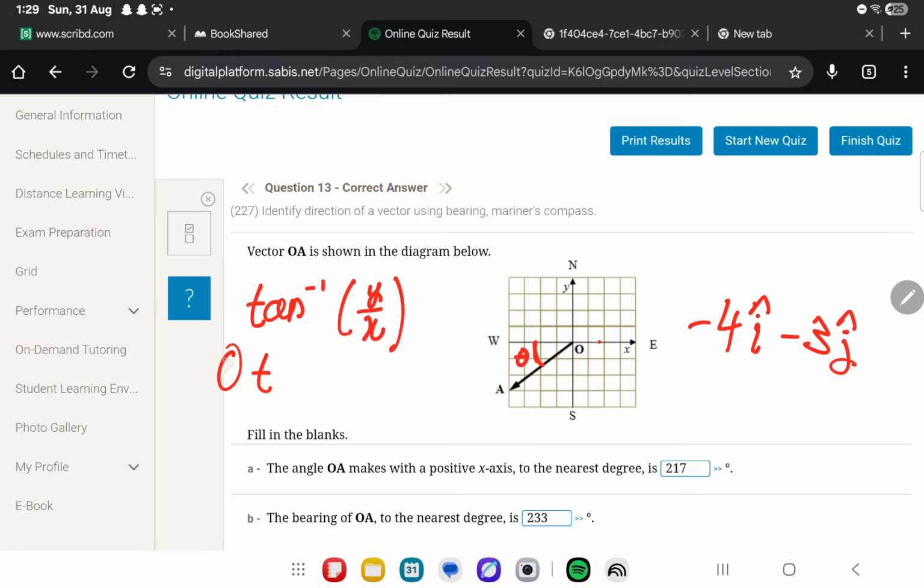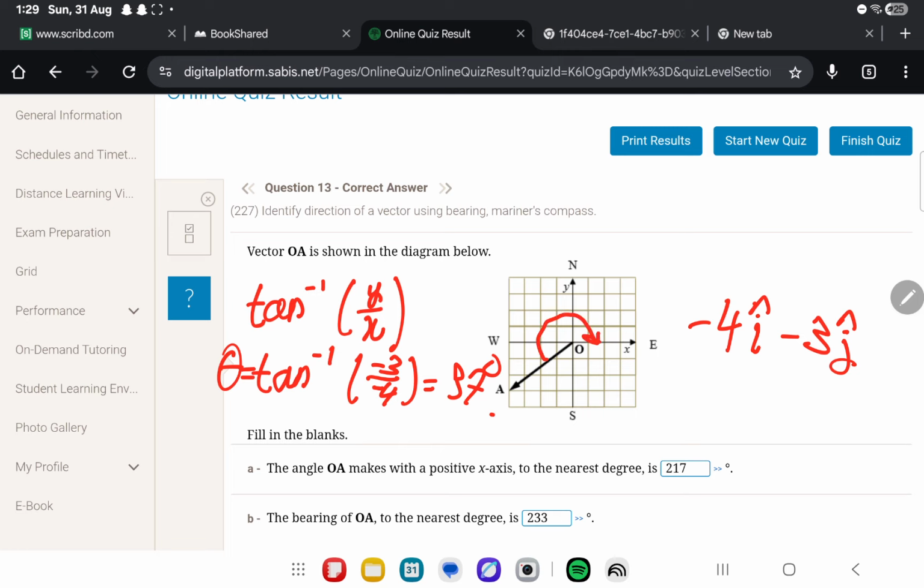In our case, theta is going to equal tan inverse of negative 3 over negative 4, which gives 36.86, so 37 degrees. We're going to round to the nearest degree. Now, this is the angle it makes with the negative x-axis. This is this angle, this is theta. However, they want this angle all the way here. So how do you do it?